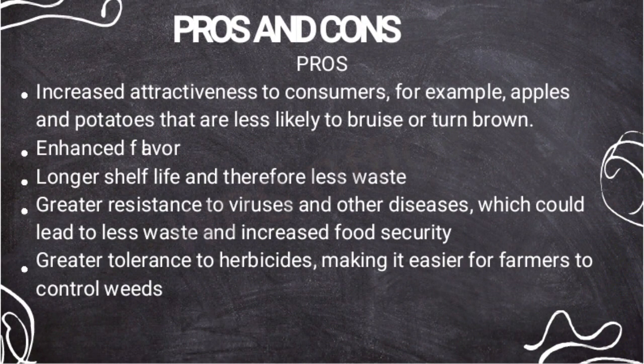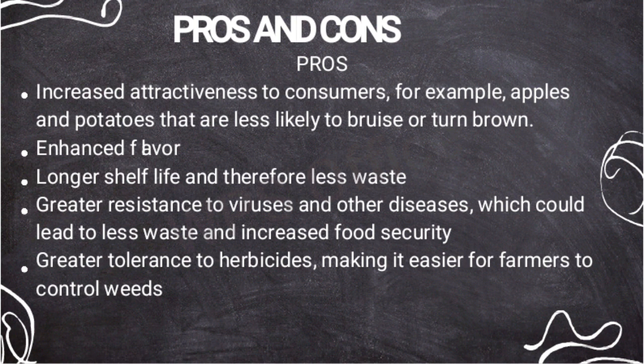What are the pros? First, increased attractiveness to consumers, for example, apples and potatoes that are less likely to bruise or turn brown. 2. Enhanced flavor. 3. Longer shelf life and therefore less waste. 4. Greater resistance to viruses and other diseases, which could lead to less waste and increased food security. 5.